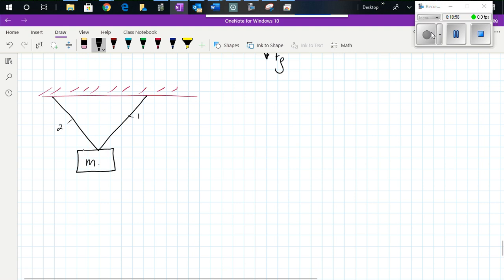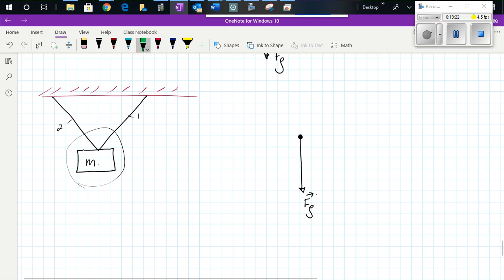Now, the object of interest is the object with mass m. So we start drawing the free body diagram by replacing the object with a dot. And then we always start with the universal force, that is force of gravity. It's always going down toward the center of the earth.